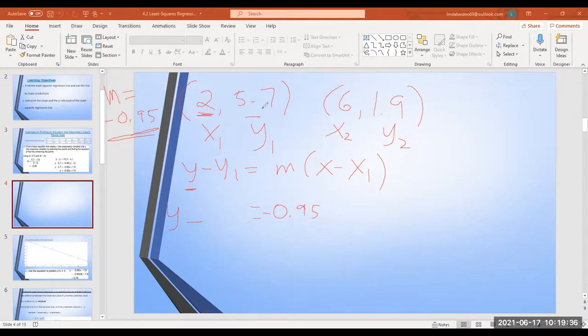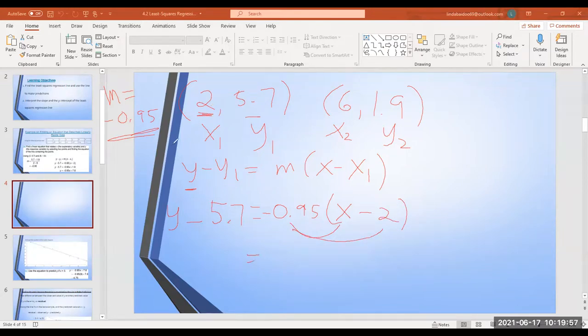I'm going to put 5.7. So I bring 5.7, and then this x is just x, so I bring it down as x. In place of x1, I'm going to put my 2. And then from here, you are just distributing.